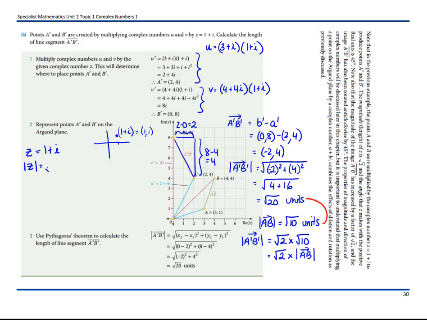Okay, so that's going to be the square root of 1 squared plus 1 squared, which is the square root of 2. So our transformed AB line segment is multiplied by the modulus of z.